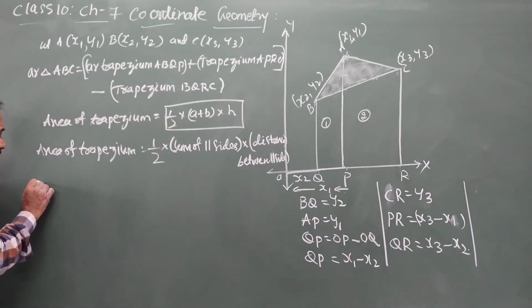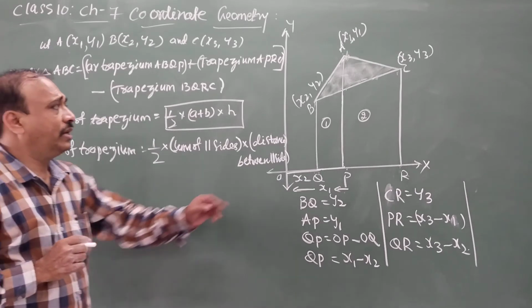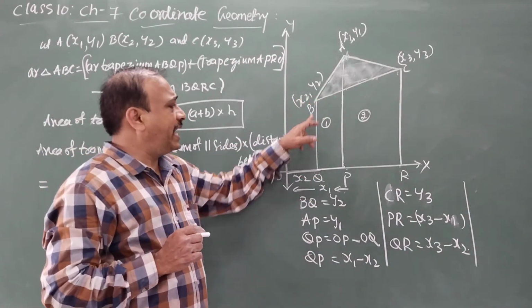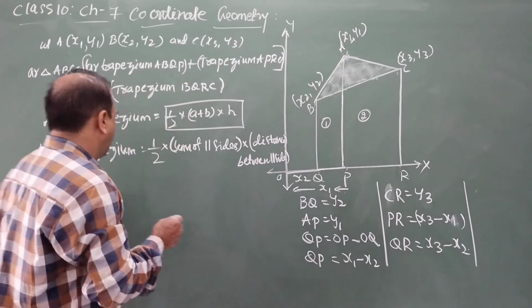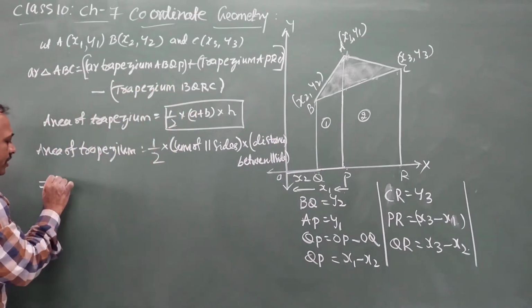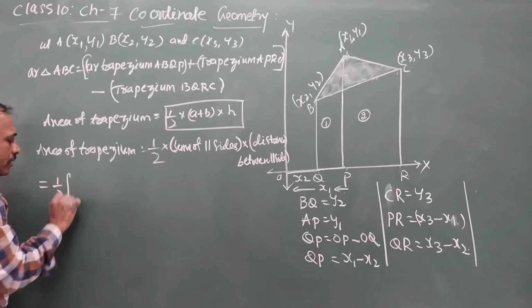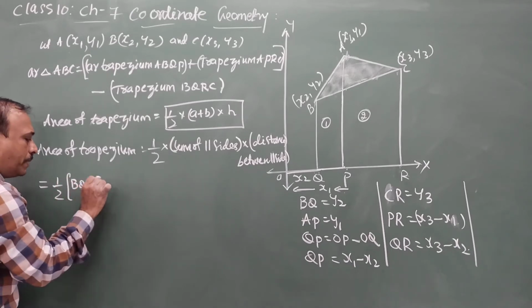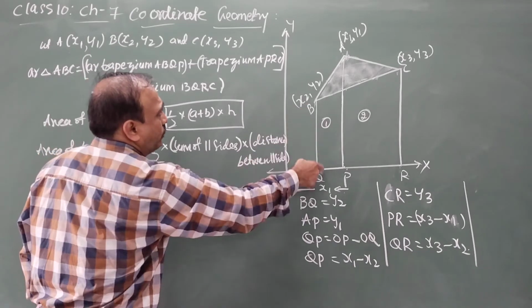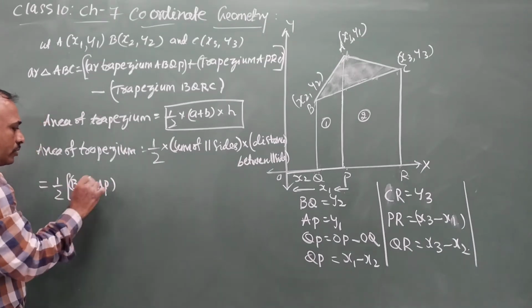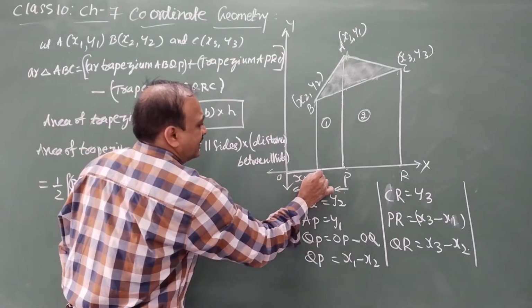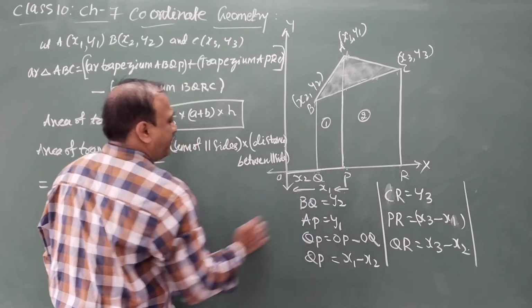Now for the area of the trapezium, BQ and AB are the two parallel sides. So half into (BQ plus AB) into the perpendicular distance between them, QP.